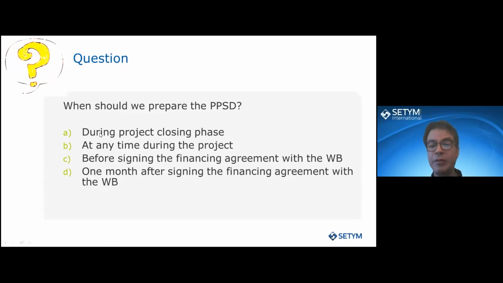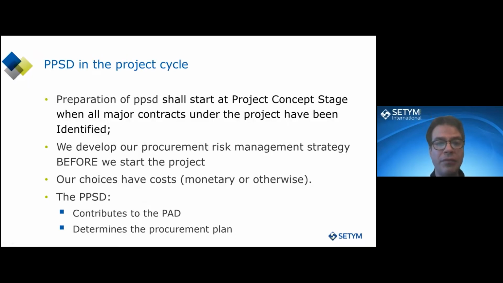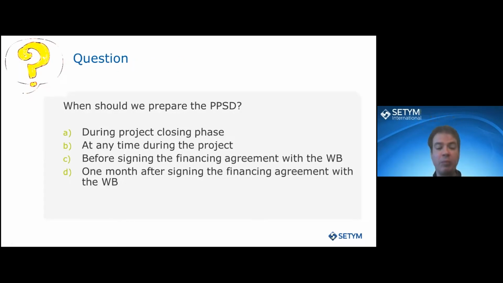It makes sense. In other words, we should prepare the PPSD before we have a financing agreement. Why? Well, first, we should do that because the analysis of the PPSD will influence what happens during the implementation phase. It will influence the procurement approaches we use. It will affect even budget, our activities, maybe even some people we hire, the type of contract, and so forth.